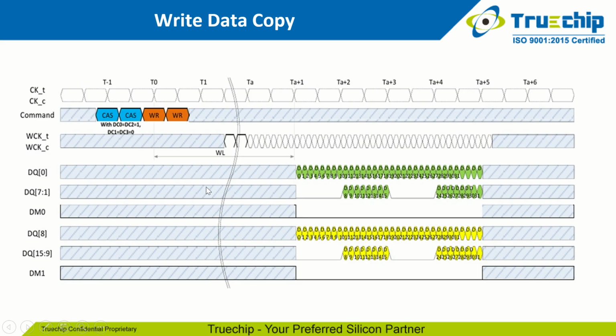It means for the first 8 bits and third 8 bits, the data copy function will be performed via toggling of DQ0 and DQ8 for lower and upper byte only. So we can see in the diagram for the first 8 bits and the third 8 bits, only DQ0 has been toggled, the rest are low. And for the second 8 bits and fourth 8 bits, all DQ are being toggled.